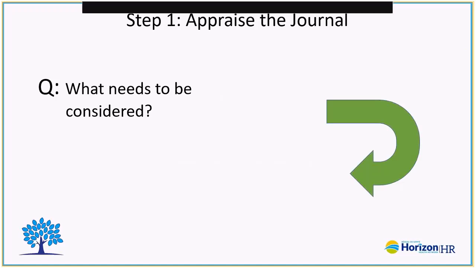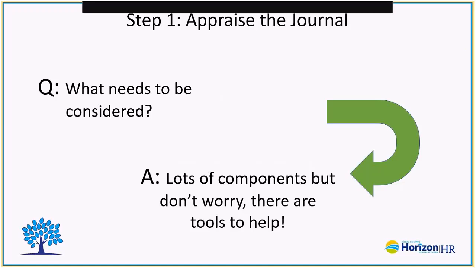So this leads us to, there are lots of components, but there are also tools to help you figure out what is a legitimate and valid and quality resource, and what should be either used with a healthy dose of skepticism and a big jar of salt, or maybe not used at all.